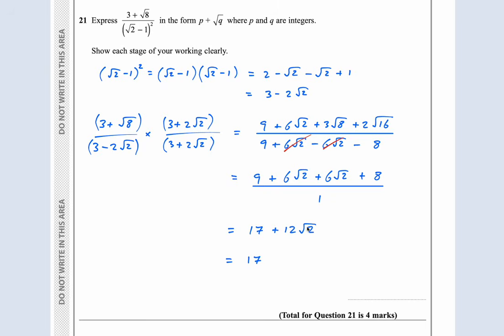So that's not in this form yet, but I can change 12 into, and the reason they do this, guys, is to prevent you using your calculator. It's hard to turn this back into this, but I can say 12 is actually root 144. Root 2 is obviously root 2, and now I can multiply these two together to give me 17 plus root of 144 times 2 is 288, and that is the answer.